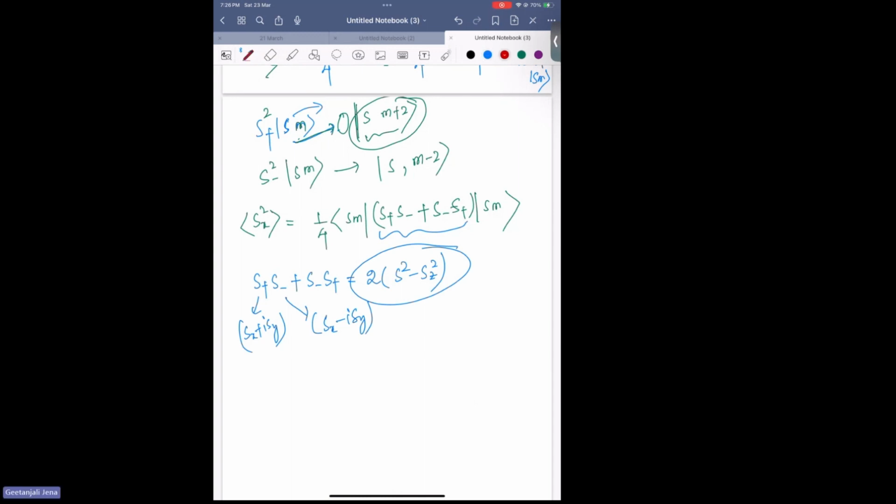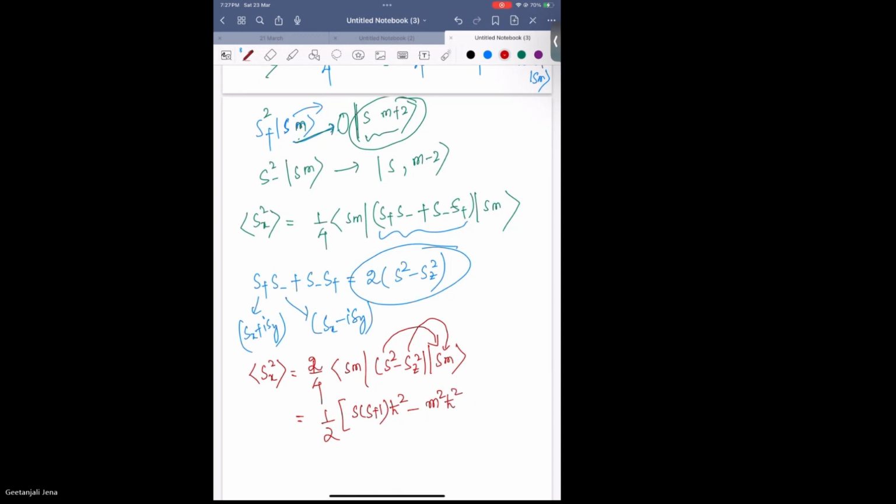And this S square and Sz square eigenvalue you know already. So now we can calculate the value. There is a 2 here, and this is S square minus Sz square, so the value you will get is half. When S square acts on Sm, it will give s into s plus 1 h cut square, minus when this one acts on this, it will give m square h cut square.